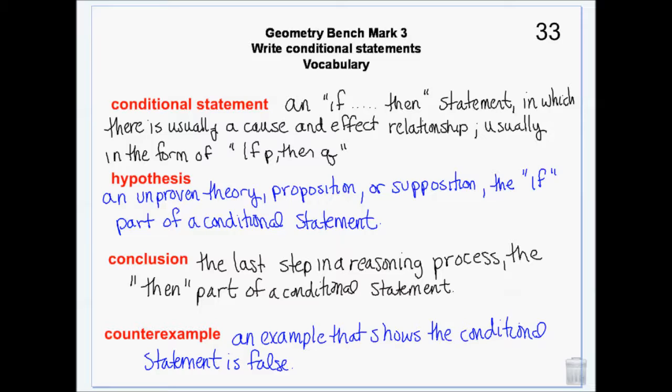If you clean your room, you will get allowance. If you do this project, you will get a promotion, things like that. They're usually written as if-then. They're not always in the form of if-then, but that's the normal state. And they're not always true. They can be true, but they're not always true.